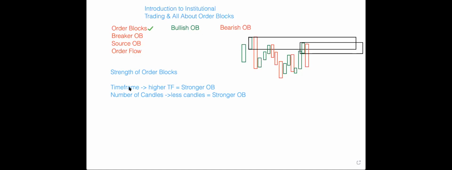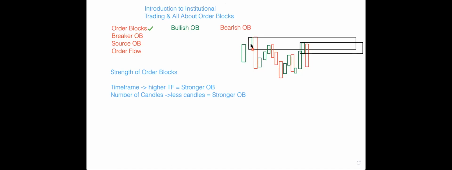Regarding the second factor, which is the number of candles, I have to show you one example for better understanding. Right now we have one example, so I can use this one, and I will create the second example for you after this. So far, whatever order block we identified is using only one candle, right?